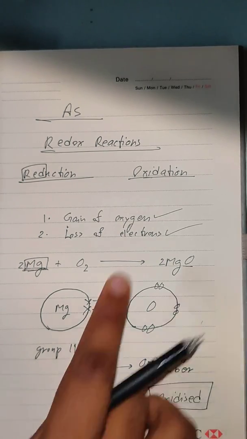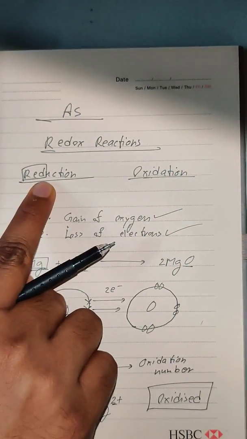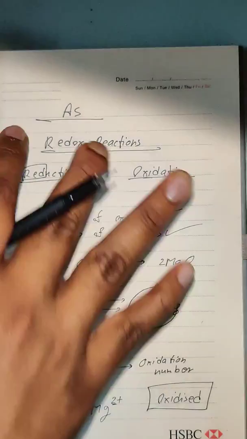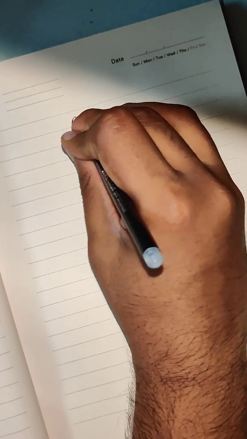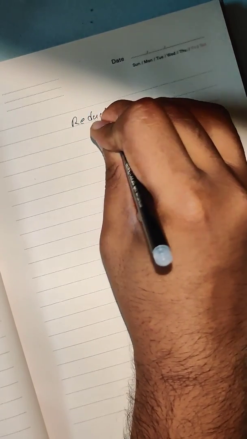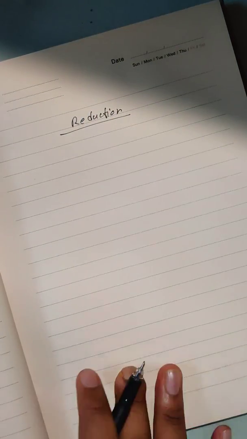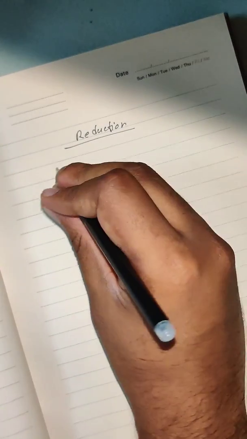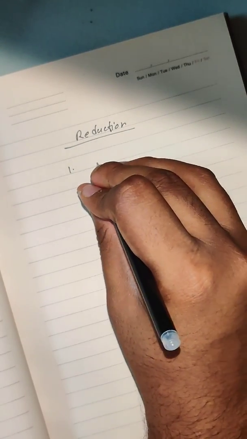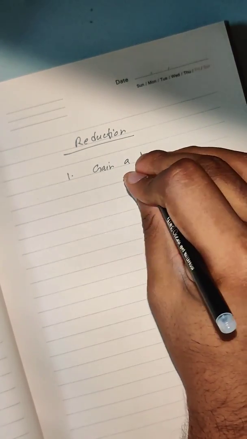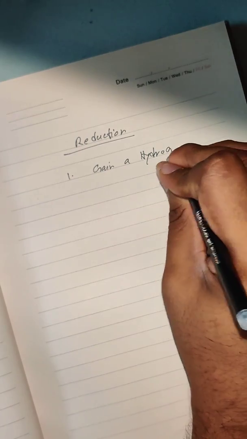Moving on from oxidation to reduction, which is pretty much the opposite of it. What is reduction? Reduction is basically the opposite of oxidation. The first criterion is that whatever element is being reduced has to gain a hydrogen.